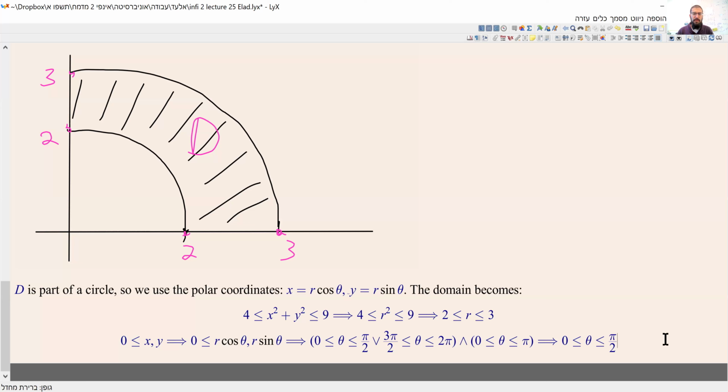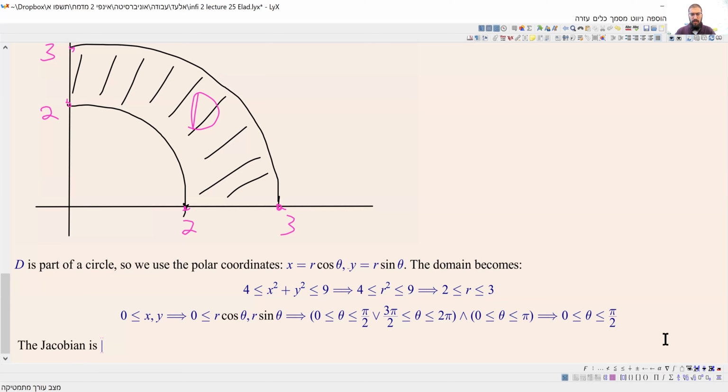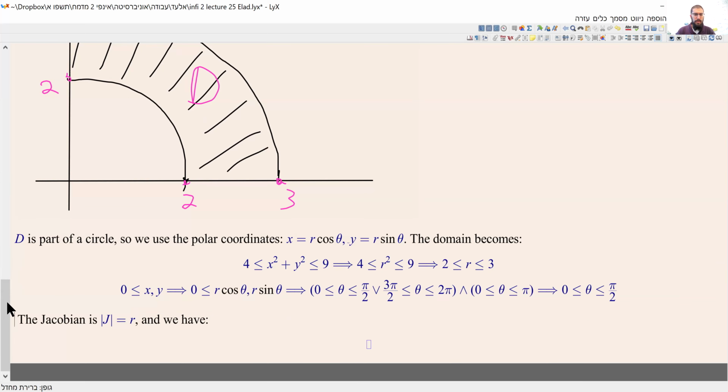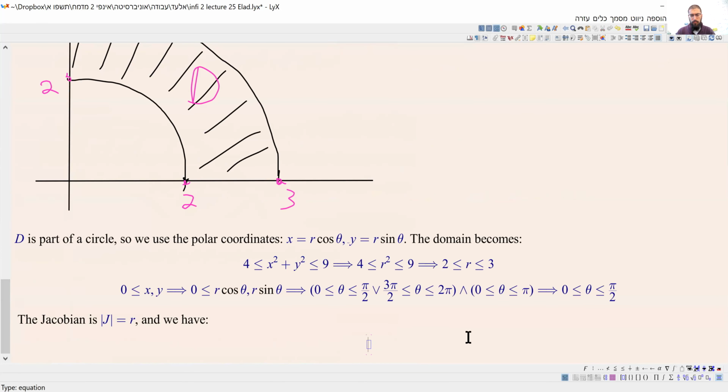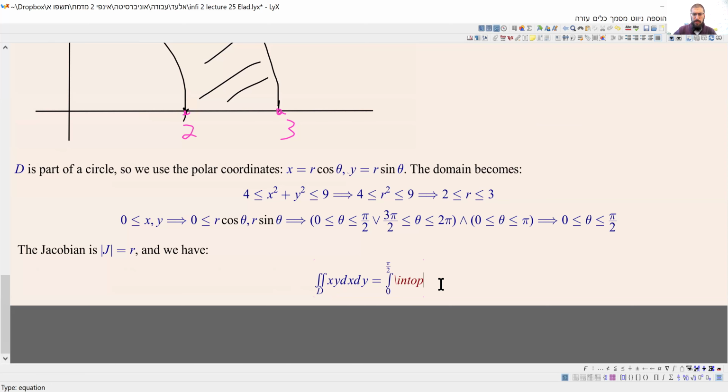Okay, so theta is between 0 and pi over 2, and the Jacobian is r, as we mentioned before, and the integral becomes the integral between 0 and half a pi for theta, and the integral between 2 and 3 for r.